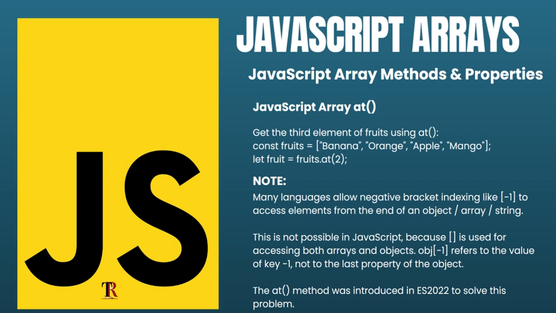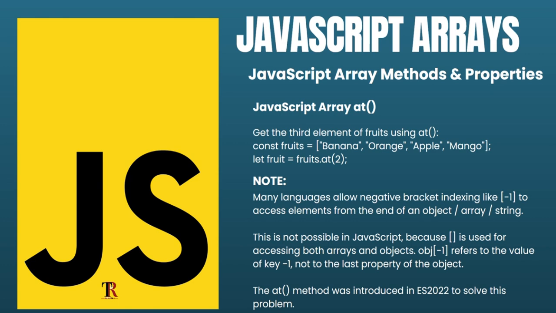But in JavaScript, it is not possible because bracket notation is used for accessing both arrays and objects. Which means it is not possible to use negative bracket indexing in JavaScript. Object -1 refers to the value of key -1, not to the last property of the object.